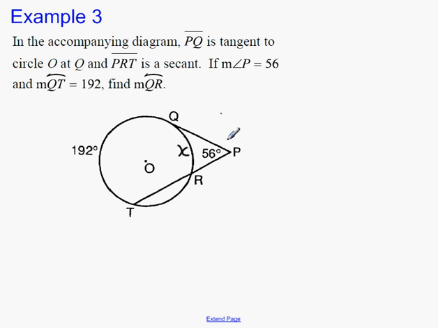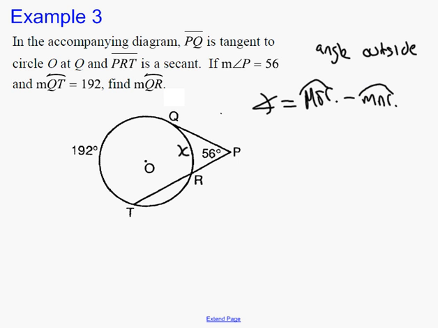So the angle's outside, so I know that I'm going to be dealing with the formula we just looked at when the angle's outside. So let me just write angle outside. What does the formula say when the angle's outside? Well, the outside angle is equal to the major arc minus the minor arc divided by 2.